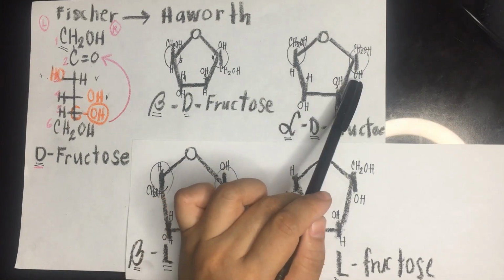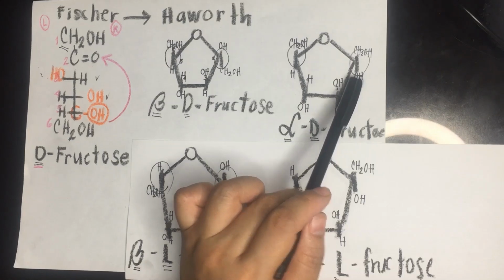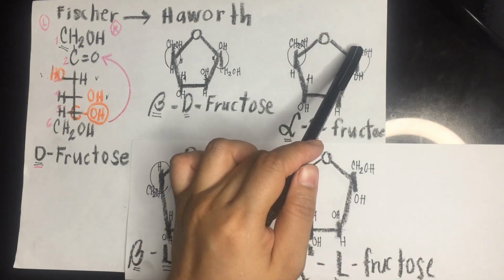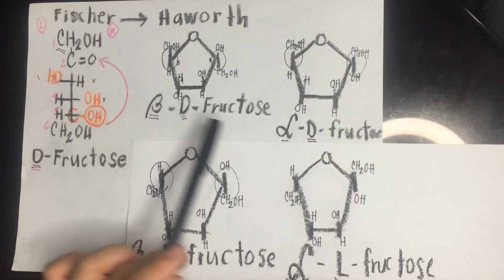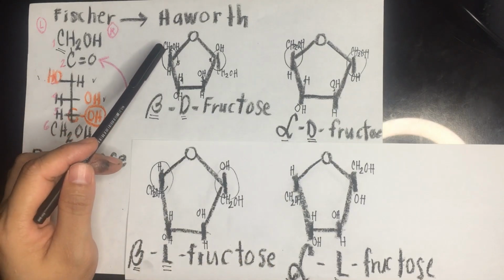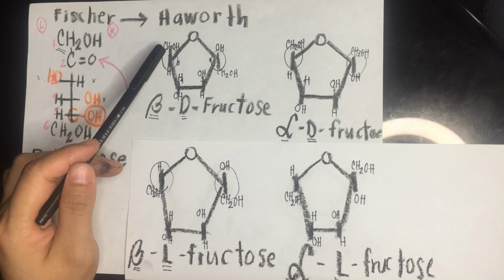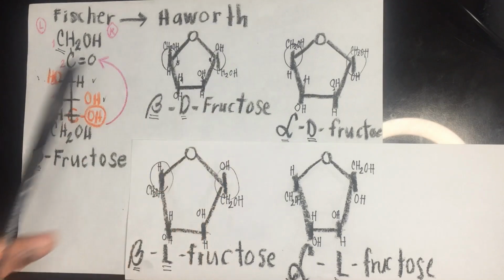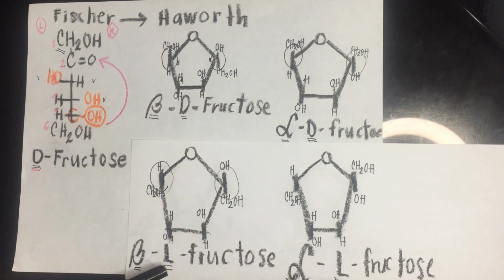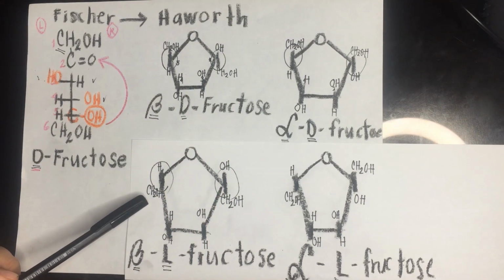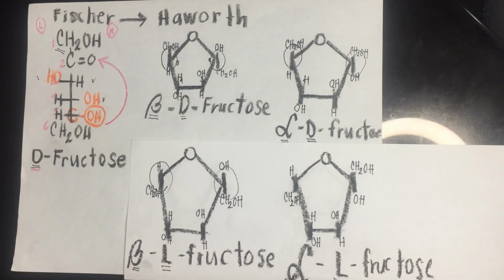Alpha, it means low, lalim, put the hydroxyl group below, and it pairs with the alcohol. For the D configuration, as we can see, we have the CH2OH, the terminal group that is placed on top. Then, for our L configuration, the CH2OH is being placed below. This is the Fisher to Haworth projection for fructose.